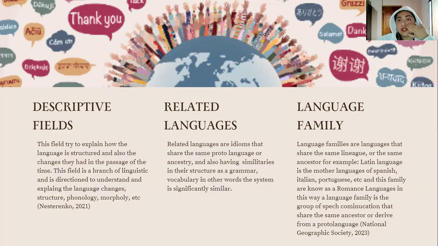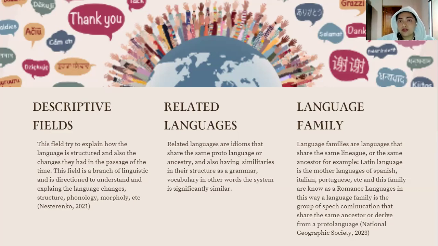Some of them are related because they come from the same proto-language, Indo-European. Related languages are idioms that share the same proto-language or the same ancestry. They also have similarities in their structure, grammar, and vocabulary. In other words, the system is very, very similar.